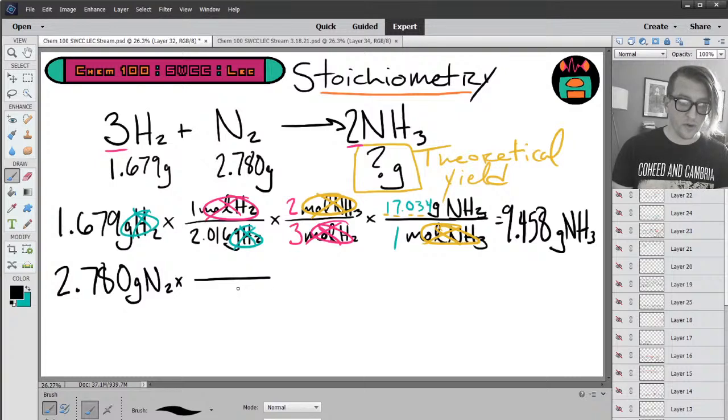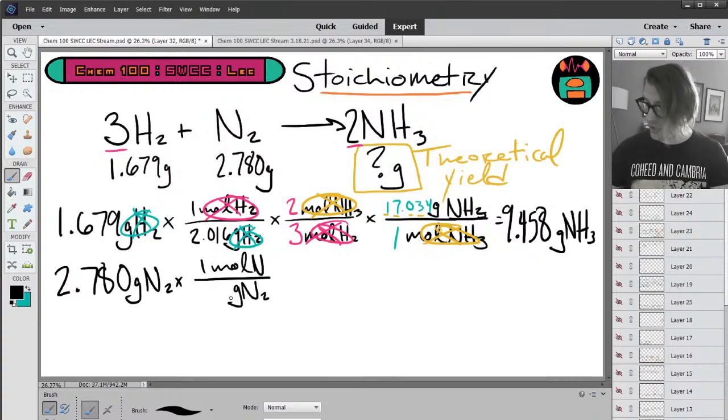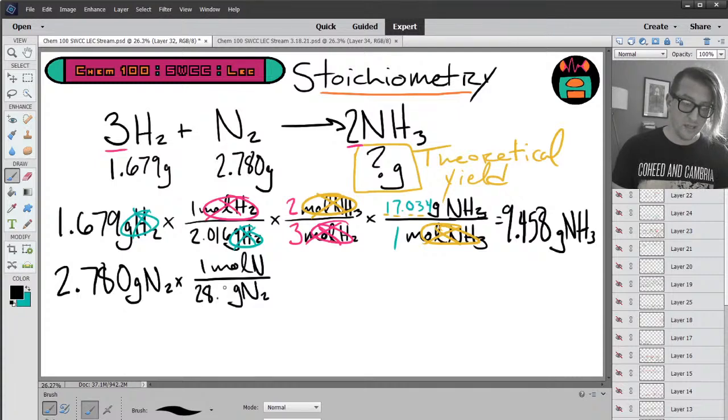first we got to convert from grams of N2 to moles of N2. The atomic mass of nitrogen is 14.01, so 2 of them will be 28.02. Grams of N2 cancel grams of N2.